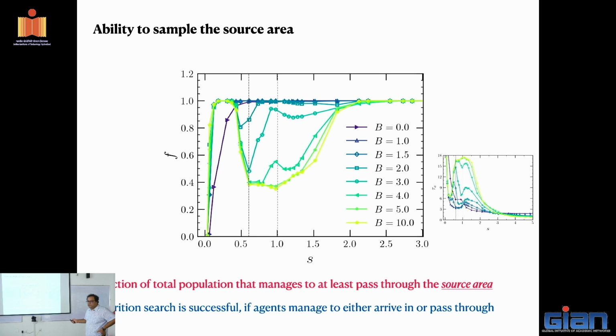The fraction starts decreasing, over a range of roughly 0.3 to 1. And this dip depends on the chemotactic strength. Now if I further increase the speed beyond this range, it starts to climb up again, and somewhere around 2, it again saturates to 1.